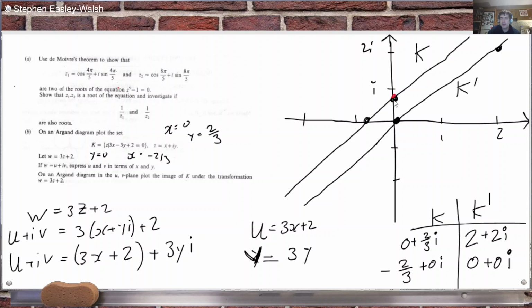So if that becomes 3 times bigger, 2/3 would become 2, and then you add 2 units to it. So that would get mapped over to there. And then this one here, minus 2/3 times 3 is minus 2, so that would get there. So that gets pushed up to there, and that gets pushed out to there. Yeah, okay.